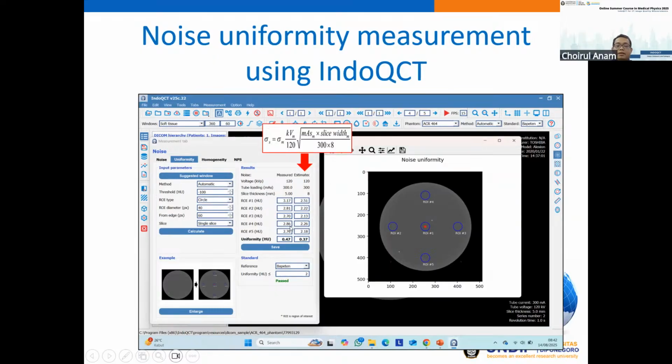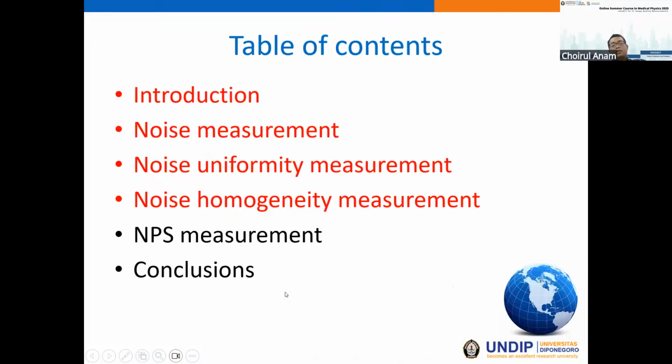And then the IndoQCT will calculate the noise uniformity. This is the result, and we can compare with the standard here. Okay, now we move to the noise homogeneity measurement.